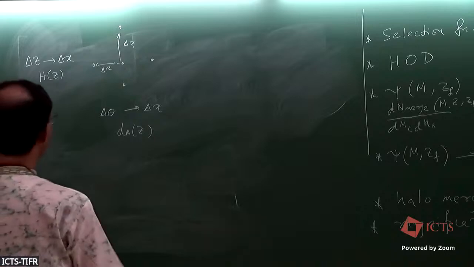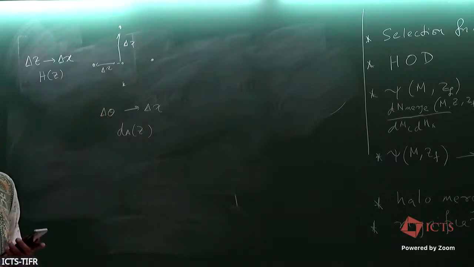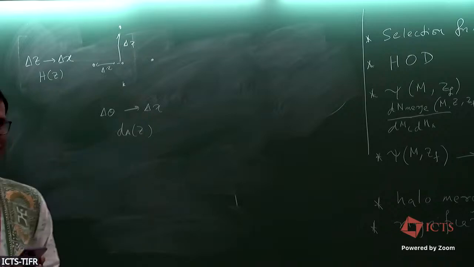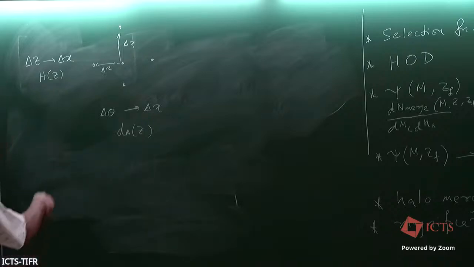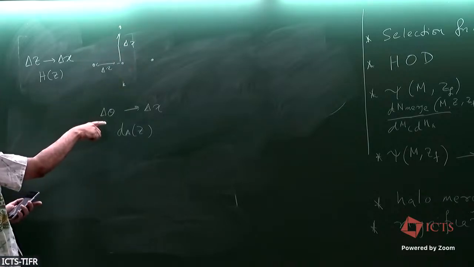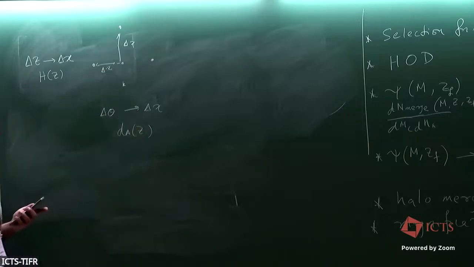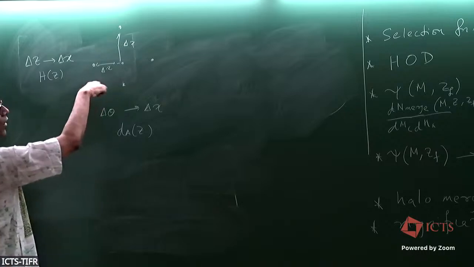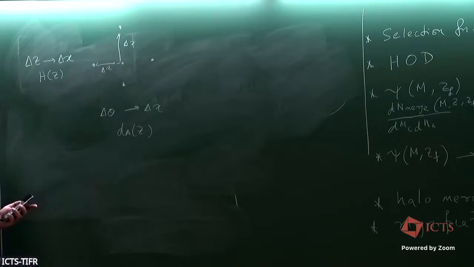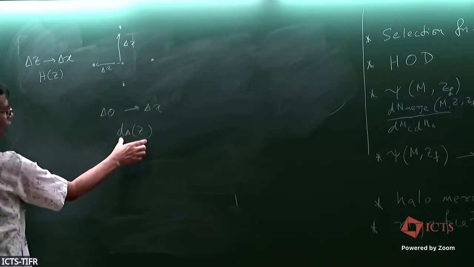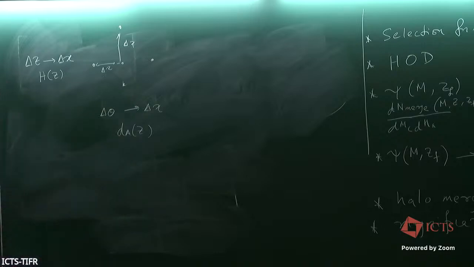Now suppose you choose a wrong cosmological model. Then what will happen is, even though your delta x's are the same, when you measure the delta theta and convert it into delta x, if you assume the wrong cosmological model, the delta x along the transverse direction and the delta x along the line of sight direction won't be the same, because you are using different geometrical quantities in cosmology to calculate that.